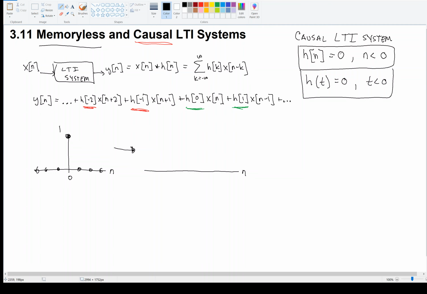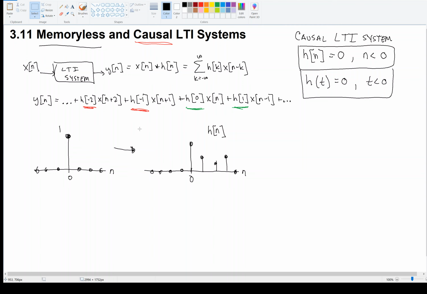But if it's going to be causal, it has to satisfy this. It has to be 0 when n is less than 0. So it has to be something like this. And then at 0, it can do whatever it wants to, depending on the circuit or whatever. So this would be, for example, a causal LTI system, again, because it's 0 for n less than 0.